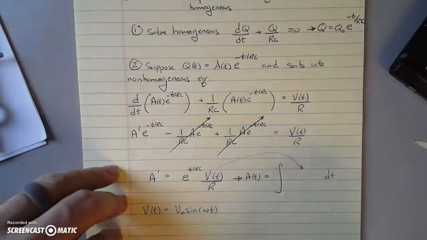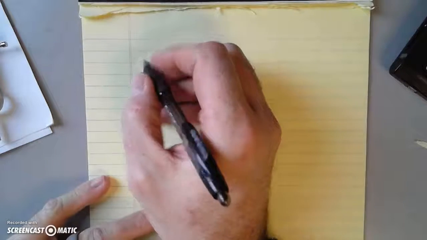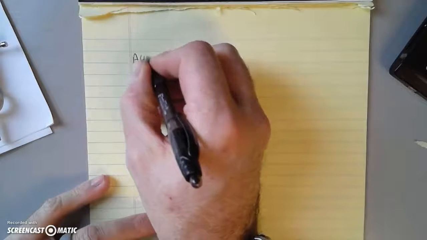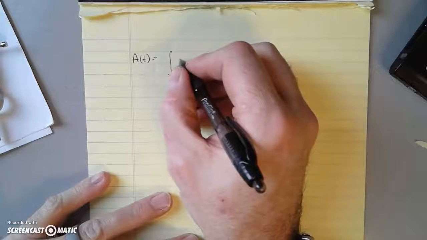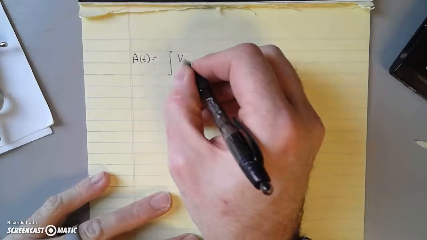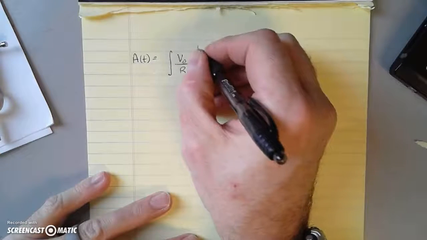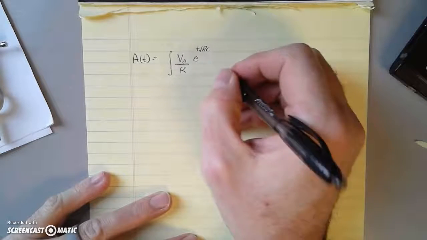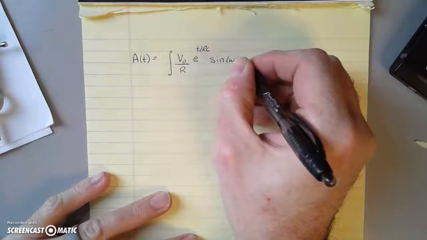So let's go ahead and set up that integral and do it. It's a good review of things. So a of t is going to be the integral of v naught over R e to the t over RC sine of omega t dt.